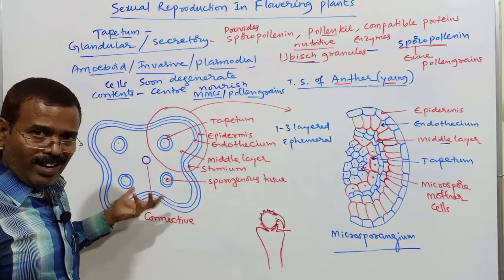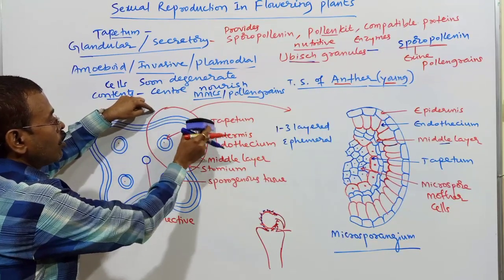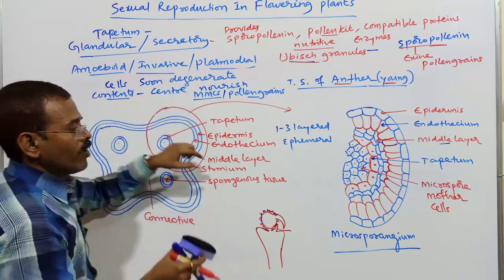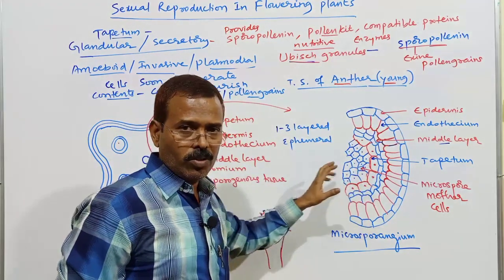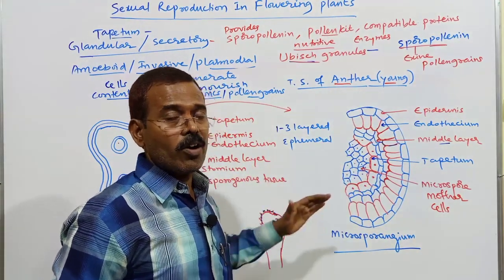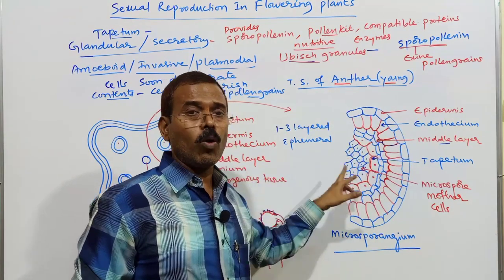So it is a tetrasporangiate structure. We have a magnified sectional view of a microsporangium showing this structure. Both these structures you have to draw in the theory exam, and you have to explain all these 4 wall layers and one more central part.